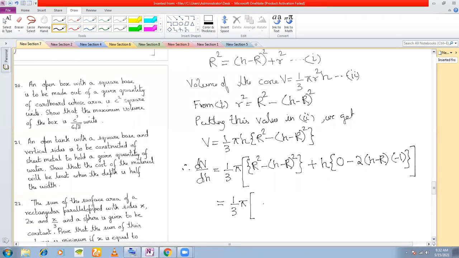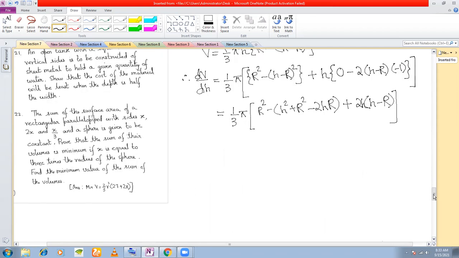Yes, sir. So now what we do here is we expand this: R square minus h square plus R square minus 2hR. And here your minus and minus combine to give you a plus sign, plus twice h minus R.